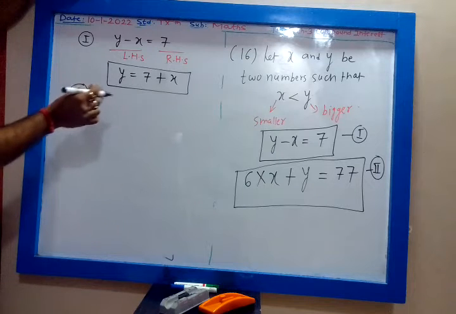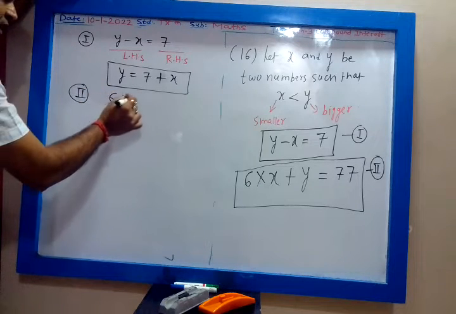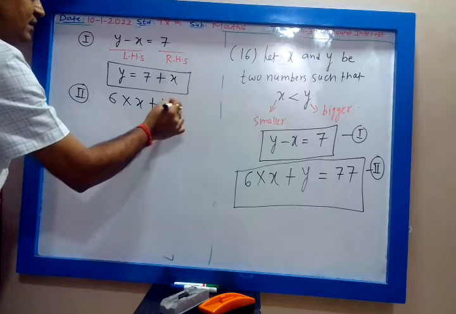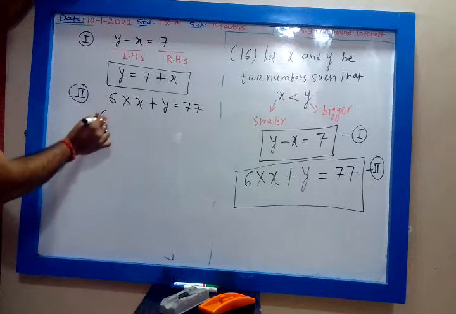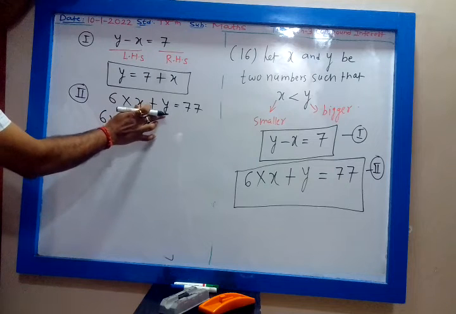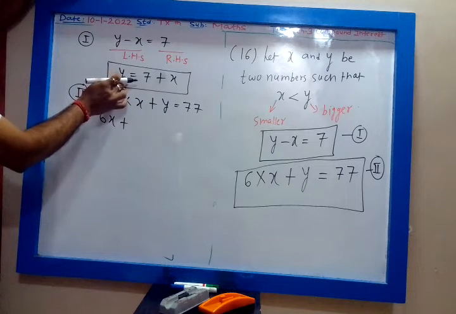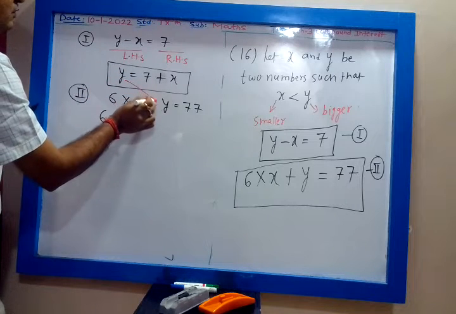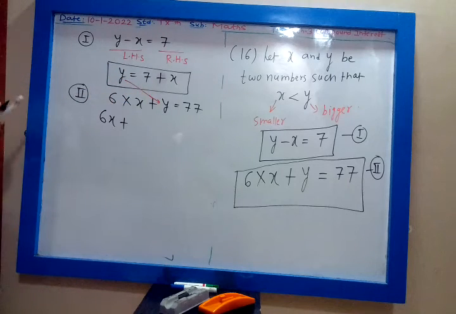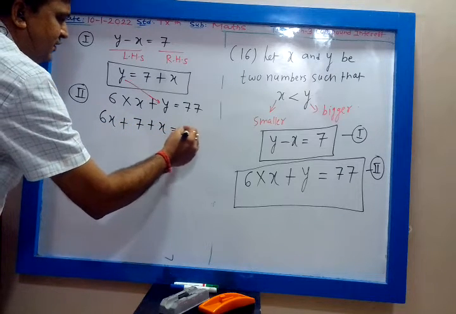What is equation number 2? 6 into x plus y is 77, that is 6x plus y. This value of y, 7 plus x, you will put in this. Yes, all of you have understood?